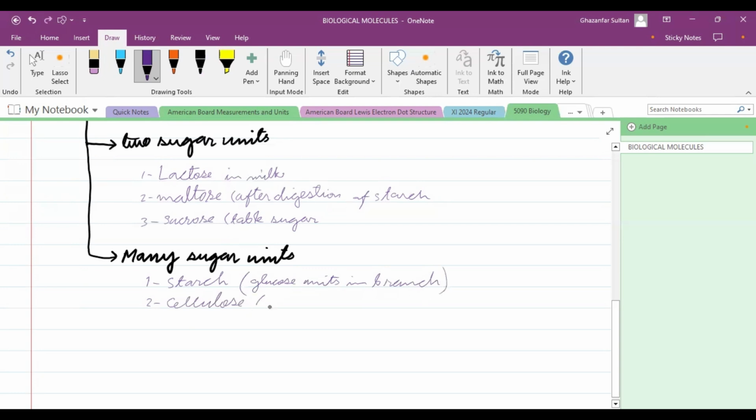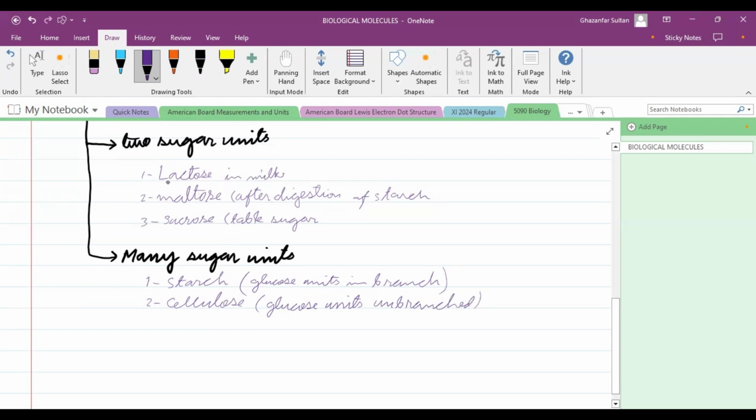Cellulose is also made up of a large number of glucose units, but these are unbranched.